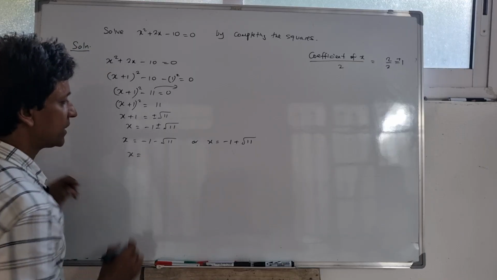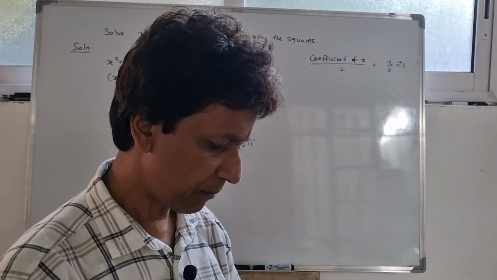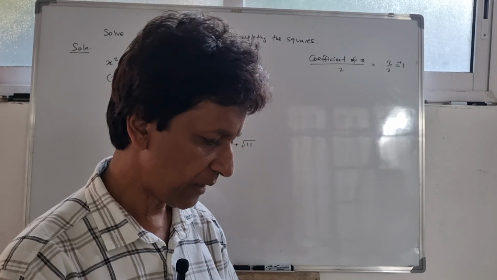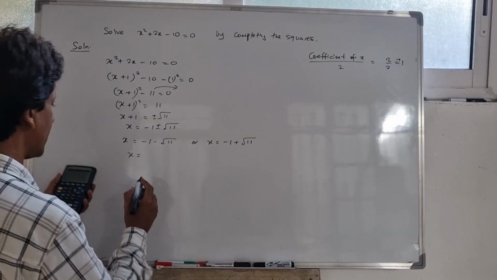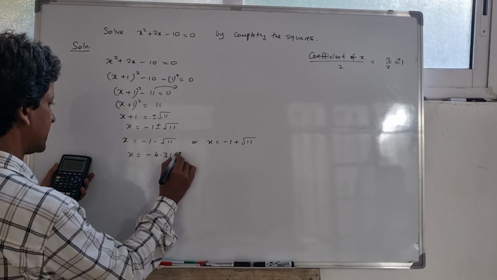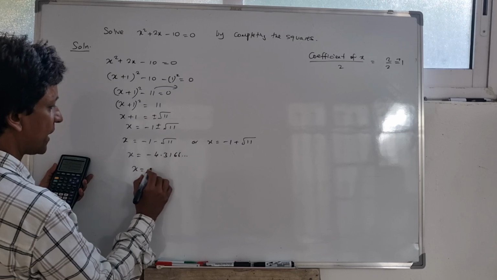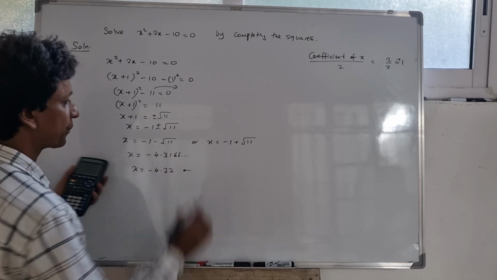So this is going to become minus 1 minus the root of 11, and the first answer turns out to be minus 4.3166 and so on. So to 2 decimal places, minus 4.32.